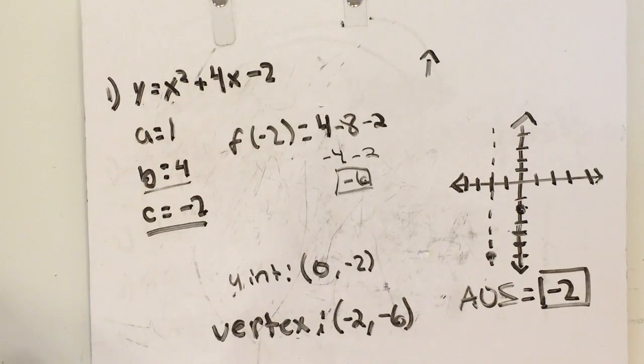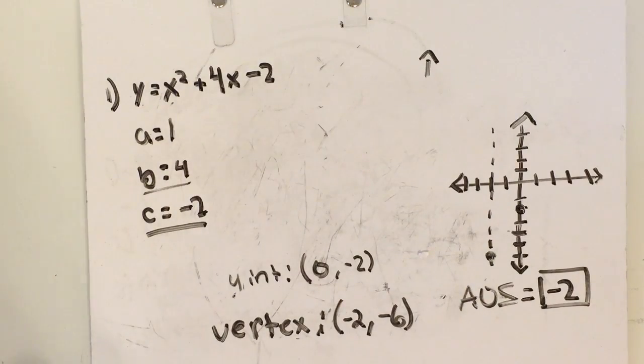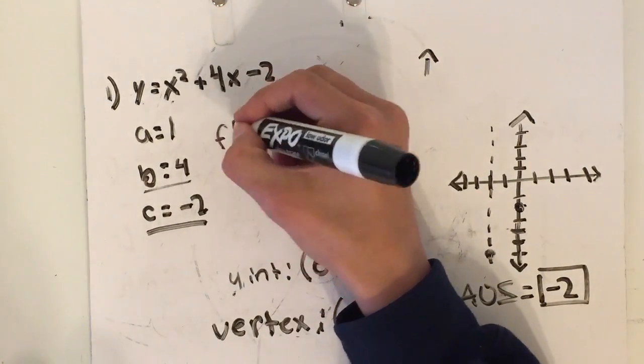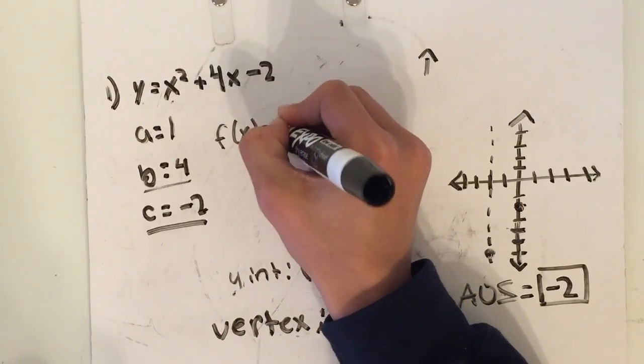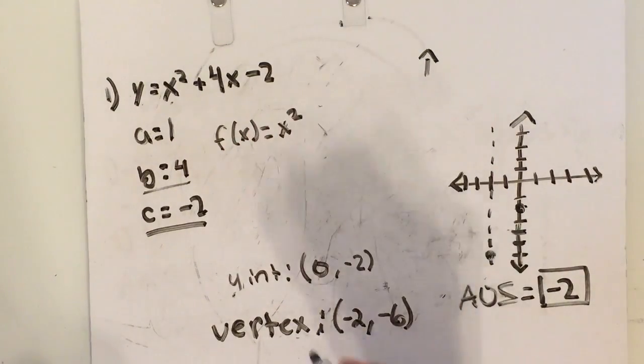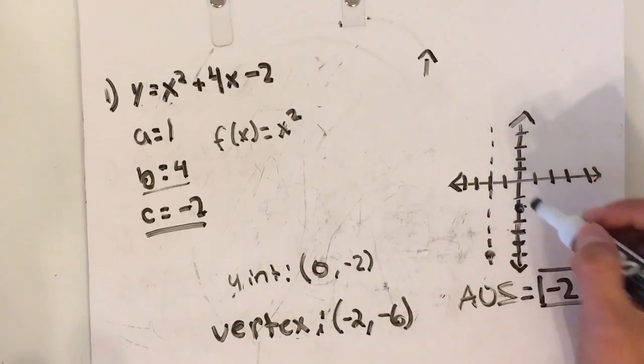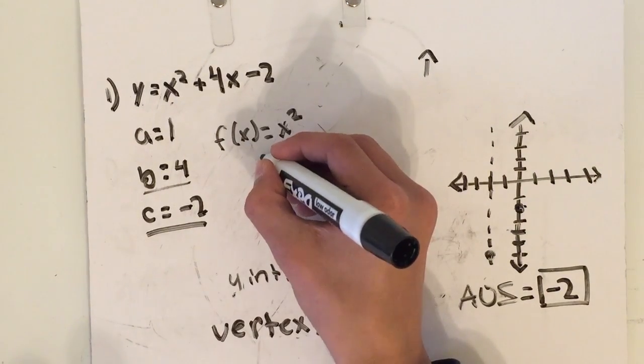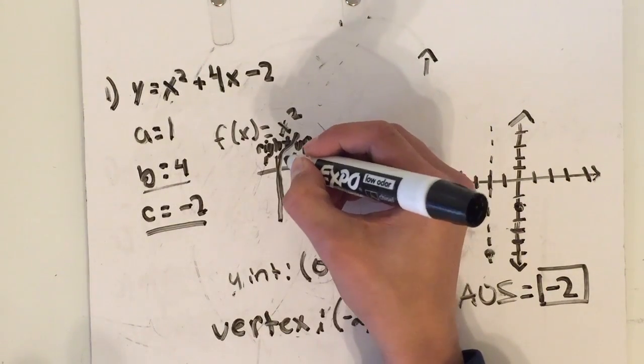This is previous knowledge. If it's not previous knowledge to you, don't worry, I'll explain it. Our parent function is f of x equals x squared. That's the parent quadratic. It would start at 0, 0, and then right 1, up 1.